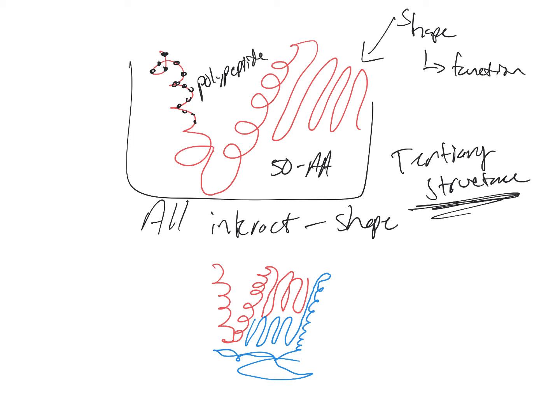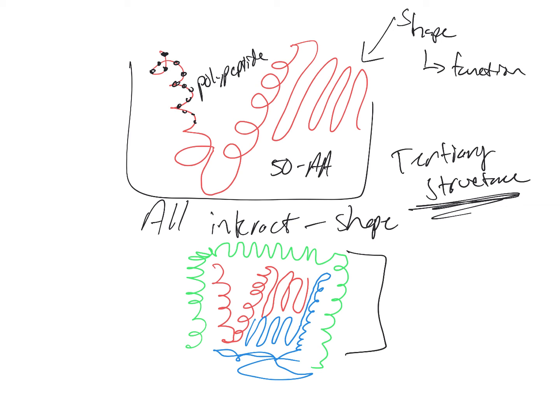And then we might even say that there's a third one with an alpha helix, a pleated sheet here, and then another alpha helix here. So in this case, there are 3 polypeptides, and they interact to form what's called a quaternary structure.